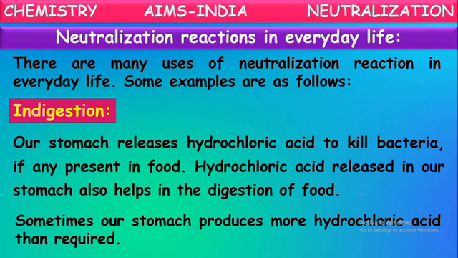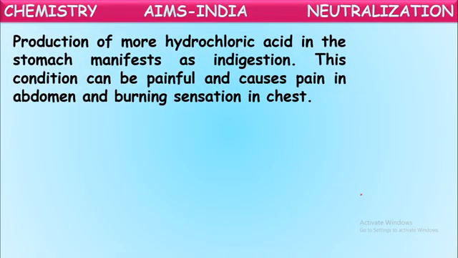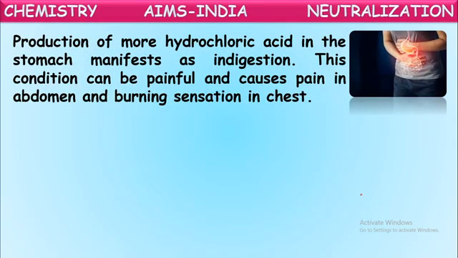But sometimes our stomach produces a little more hydrochloric acid than the required amount. So what happens then? The production of more hydrochloric acid in the stomach manifests as indigestion. This excess hydrochloric acid causes indigestion in our stomach.